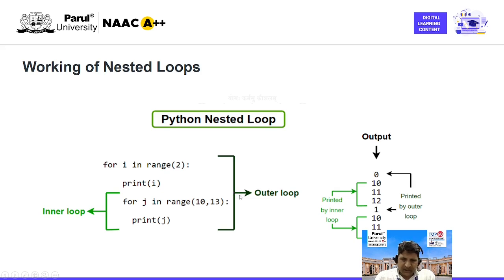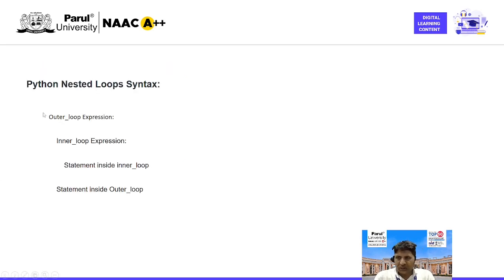So using this flowchart you can understand the working of a nested loop. We can implement nested loops with while and for also. Python nested loop syntax: how we can write the nested loop. As I mentioned, in a nested loop there are two loops: one is the outer loop and another is the inner loop. You can write the outer loop expression or condition here, then the inner loop expression, and inside the inner loop you write the inner loop statements.